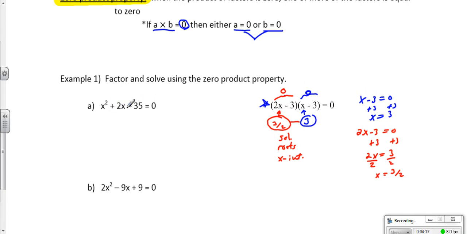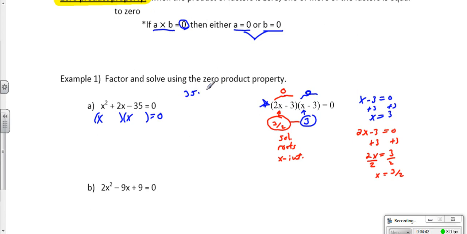How can we get a trinomial to look like this? And this is what the last chapter was all about. How can we factor it? Well, if I can factor this, I am indeed creating two things being multiplied together, and I'm getting 0 for an answer. So I put in x and x, factors of 35 that give us a sum of 2.